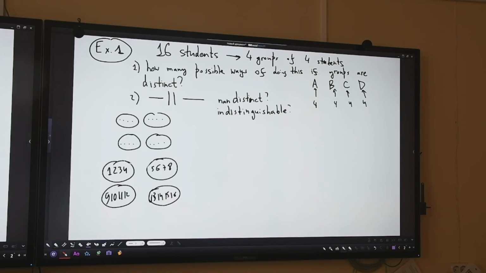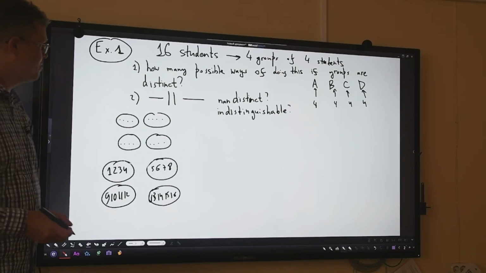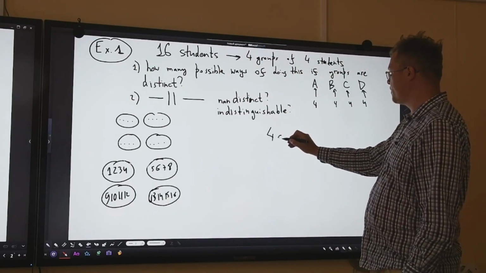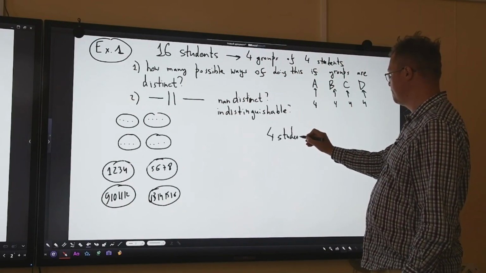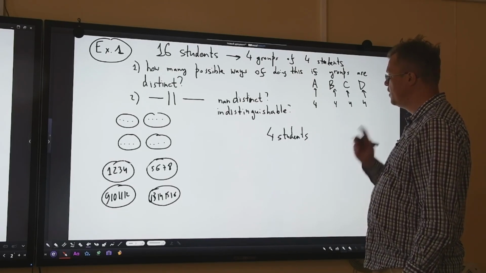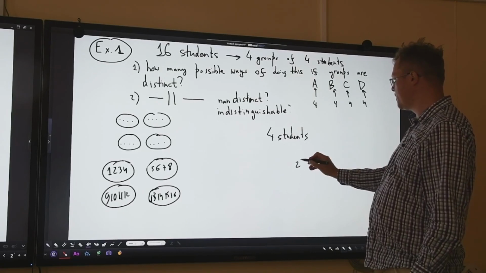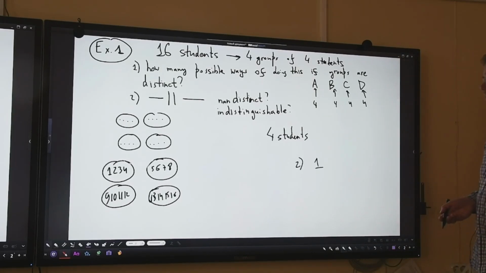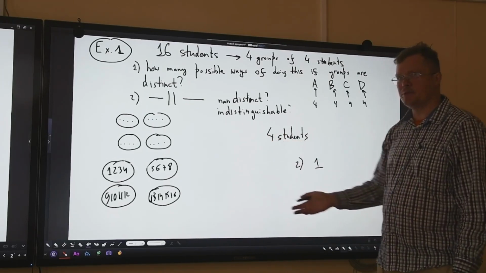I answered Vahid because Vahid sent me an answer by private message here. You can check your answer, because if you have 4 students, then for the second part, we have only one possible way of forming 4 groups, because each student forms one group.